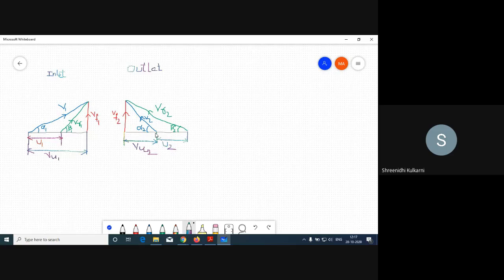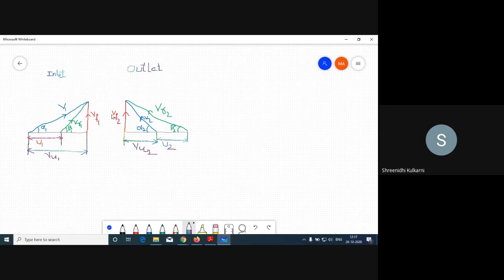Okay, so now my question is, in these two velocity triangles, which is the common one? You just see VF. In some cases I can call it as the flow being constant throughout the turbine.